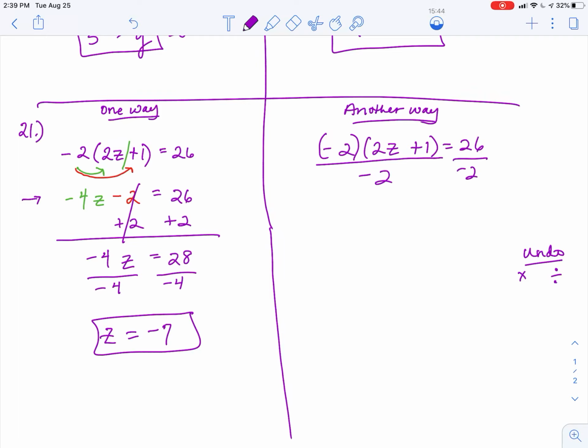So I'm going to divide both sides by -2, because look what happens. -2's cancel out and become 1, which I don't even need to write, but it gets rid of the parentheses where my z is trapped. Okay, now I'm back to that same format that I'm used to seeing. I can subtract 1.